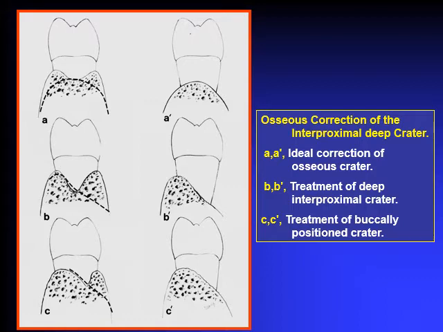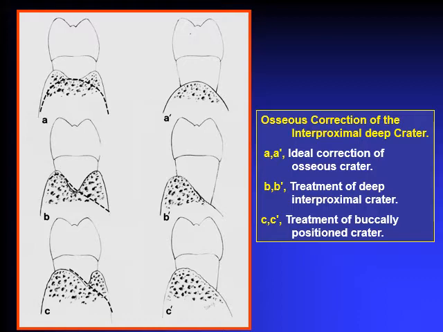In B, this is another way to treat the deep interproximal crater, where we remove only one edge of the crater, which is the lingual part.